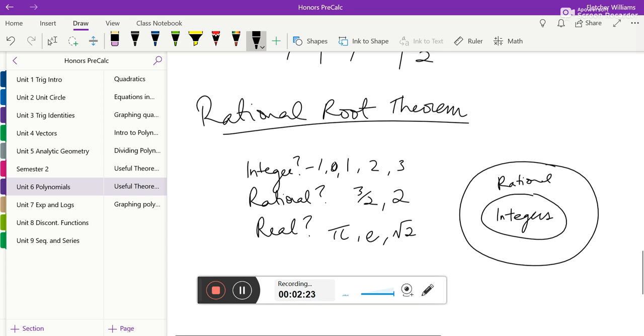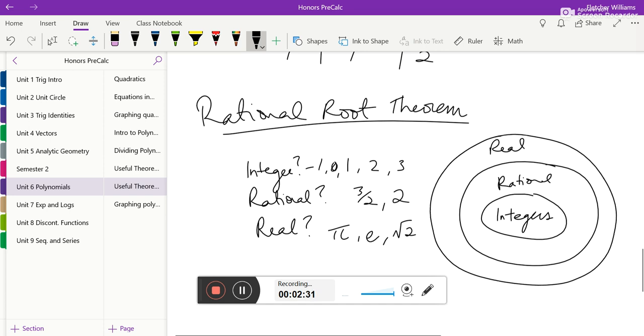But all the things that I wrote as integers are rational numbers. And real numbers include rational numbers. So 3/2 is a real number, but not all real numbers are rational. And then beyond those classifications you have imaginary numbers. So just recall those distinctions as we look at this theorem, the Rational Root Theorem.